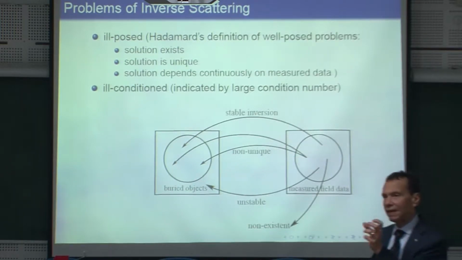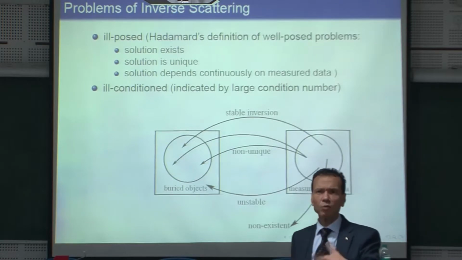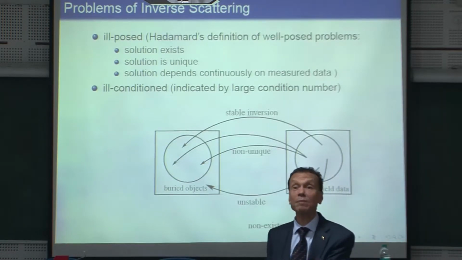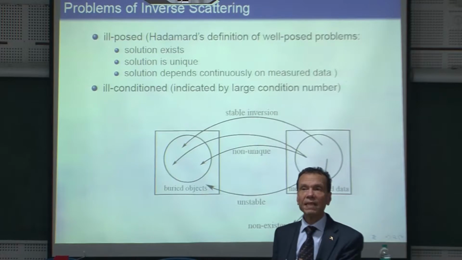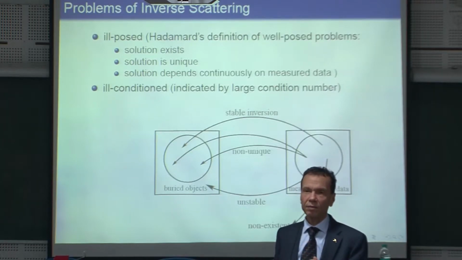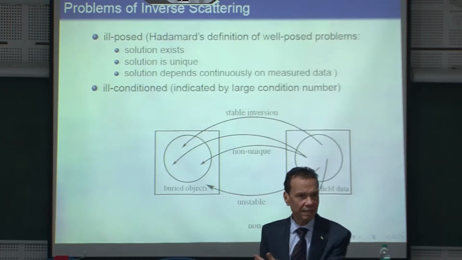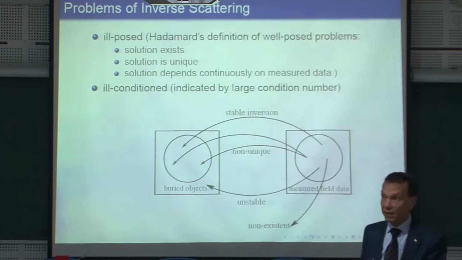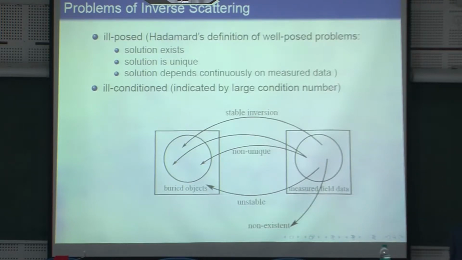It looks stable, which means you invert the matrix and the matrix seems to be invertible, but actually because the conditioning is bad, your solution is very, very inaccurate. But we covered this yesterday, and it is the same definitions. It is here only related to ground penetrating radar. And I hope that meanwhile you understand these issues, at least in the context of the imaging we presented.